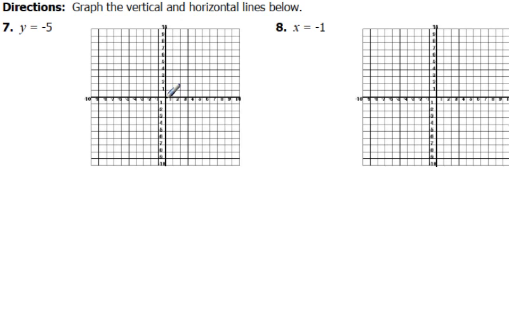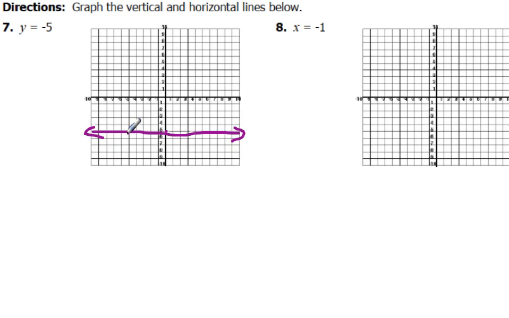So if we start at 0, 0 and count down to -5, which is right here, we're going to graph our line. So where does y equal -5? It equals -5 along every point on this straight horizontal line.